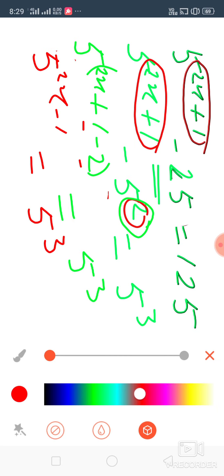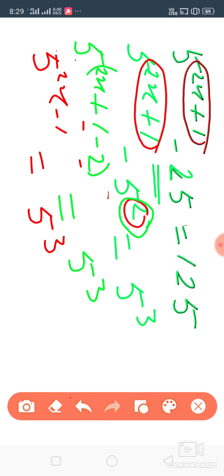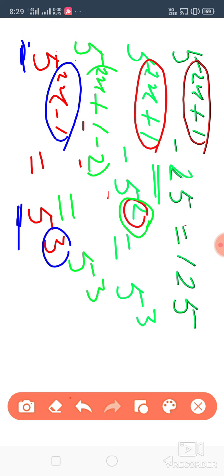Now look here. This LHS is equal to RHS. Here also 5 is the base number, and here also 5 is the base number, but the exponents are different. When LHS and RHS are equal and the exponents are different, if it becomes 5 to the power 3, then LHS will become equal to RHS.